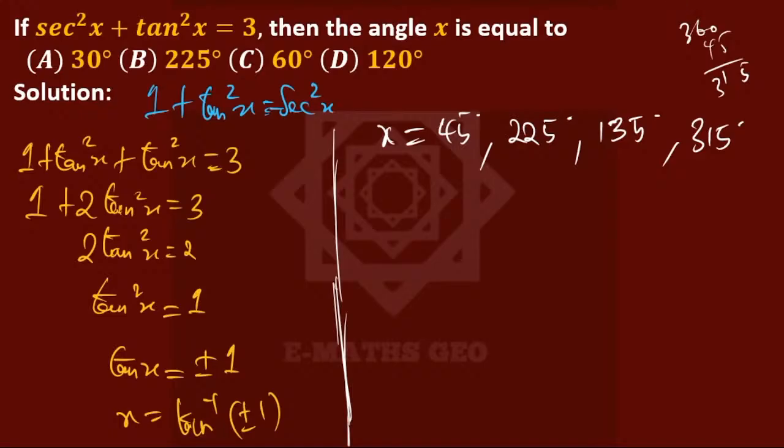So these are the complete answers: the first two for positive, while the last two are for negative. Which option is that? We have only one answer, so the answer is option B.